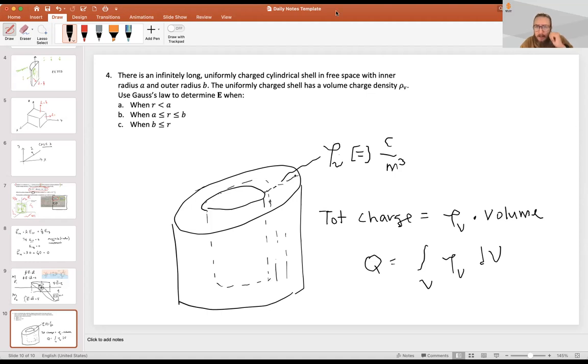Now this problem is most easily solved using Gauss's law.